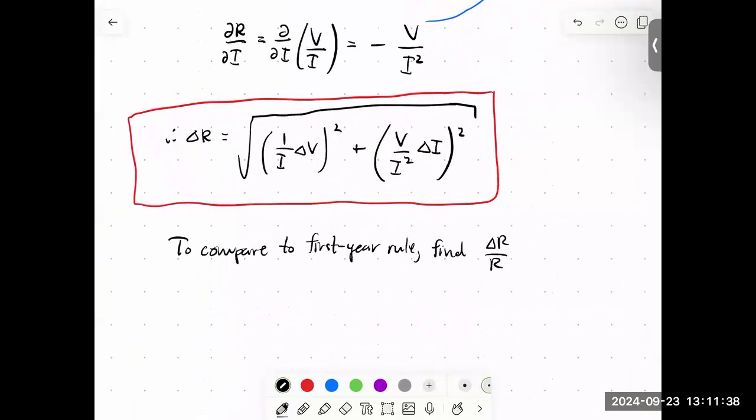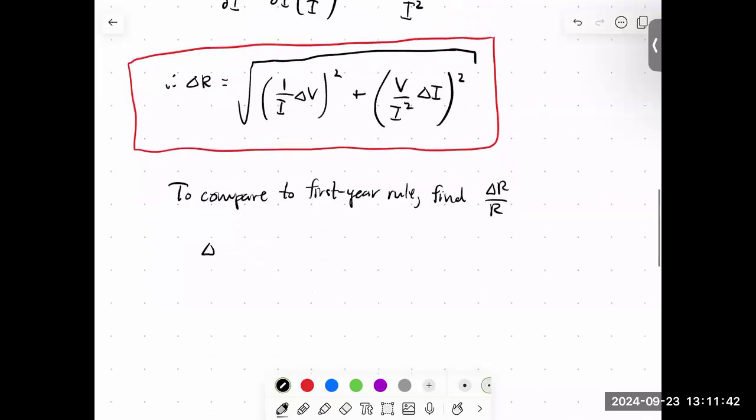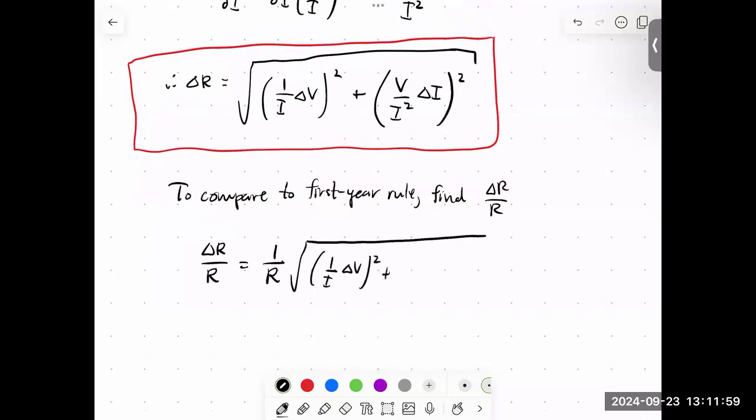Okay, so I'm just going to divide everything by R. I'll do it slowly. So the left-hand side, we just divide by R, and then I'll put a 1 over R here and square root all of this stuff. So all of this other stuff, I'll just write the same, 1 over I delta V squared plus.